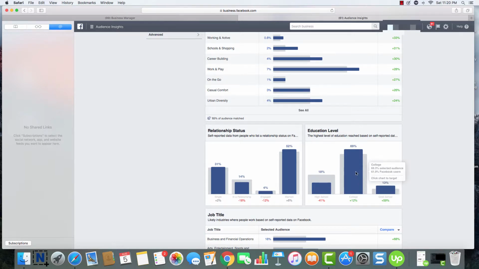That's a big enough gap that I know I can look at my funnel and I can put stuff related to college. So, here's an example. I know 69% of this audience has went to college. So I can say something like, for those of you that went to college, you know that it failed you in life.